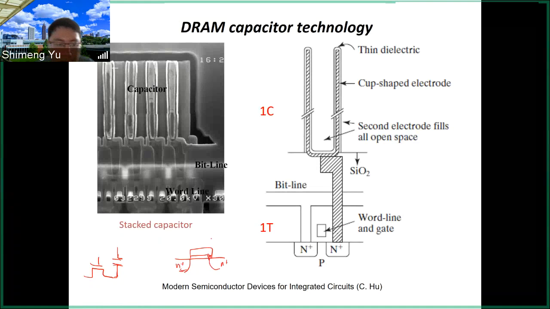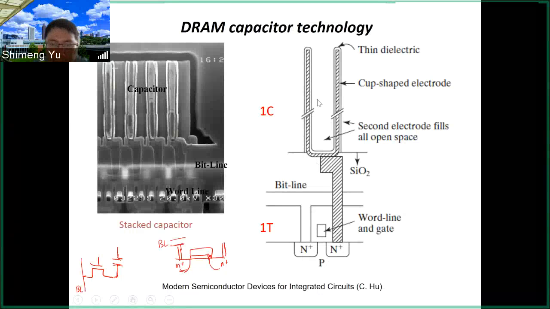And then, for example, if this side is attached to the BL, you build a contact there, and then you attach to the BL line. That is what we have here. And then the other side connects to the capacitor.